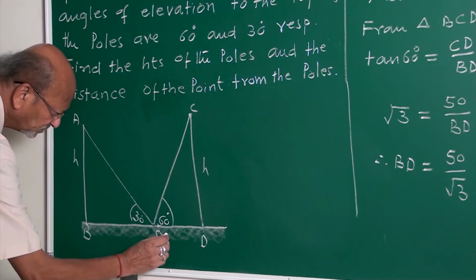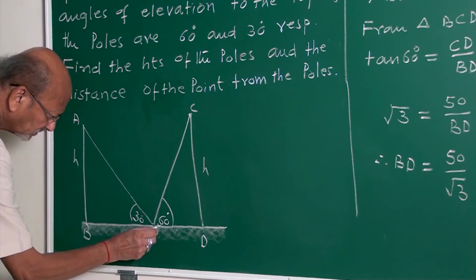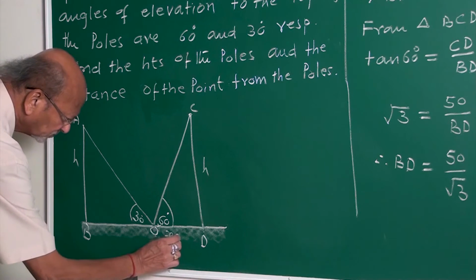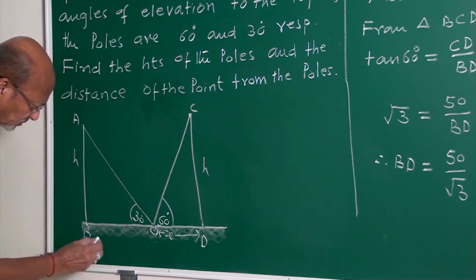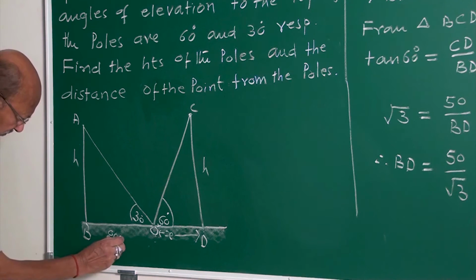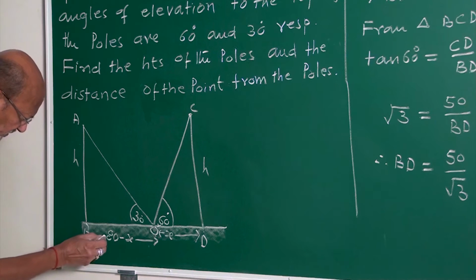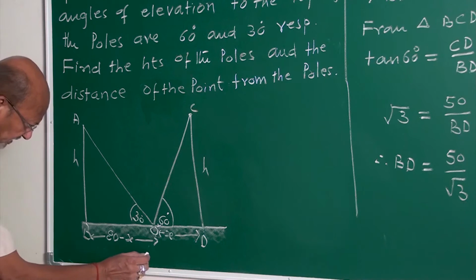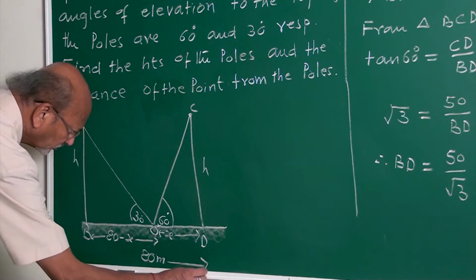Now, if you take this equal to x from the observing point, then what is this, my friend? 80 minus x. The total road is 80 meter from here to here.